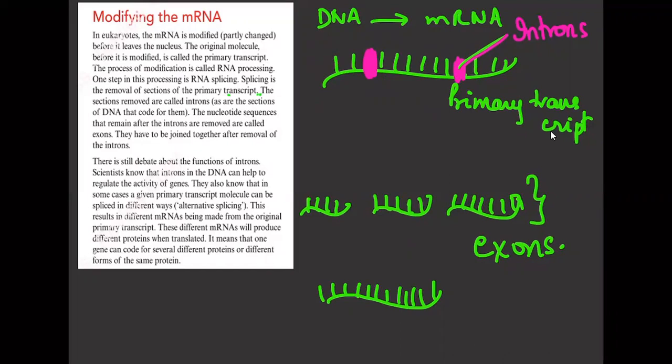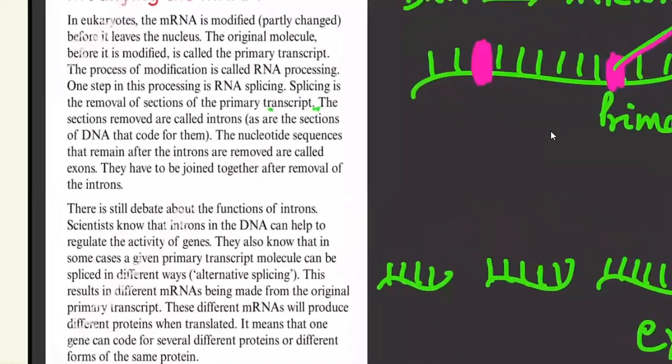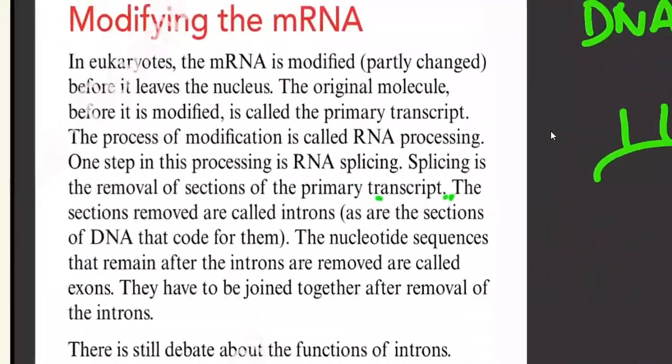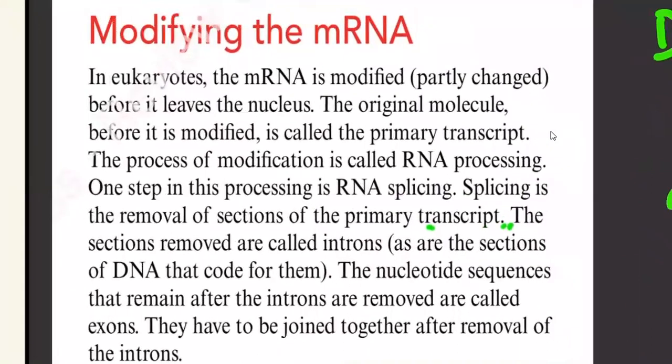How? Let me just read from here. It says, I'll read it once again, that in eukaryotes, the mRNA is modified, partly changed before it leaves the nucleus. The original molecule before it is modified is known as a primary transcript. So the long mRNA molecule which is originally made, that's the primary transcript.